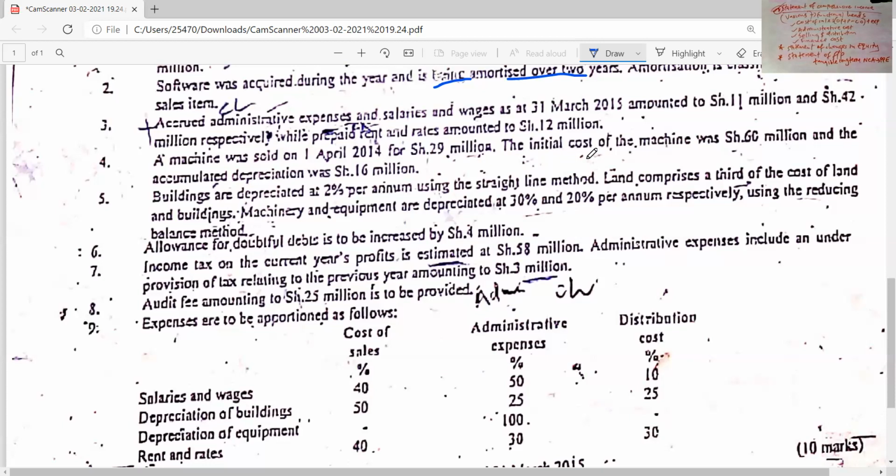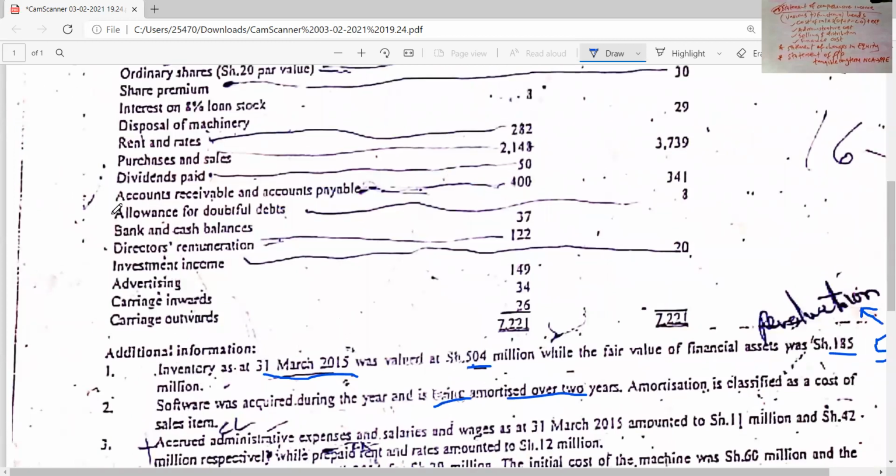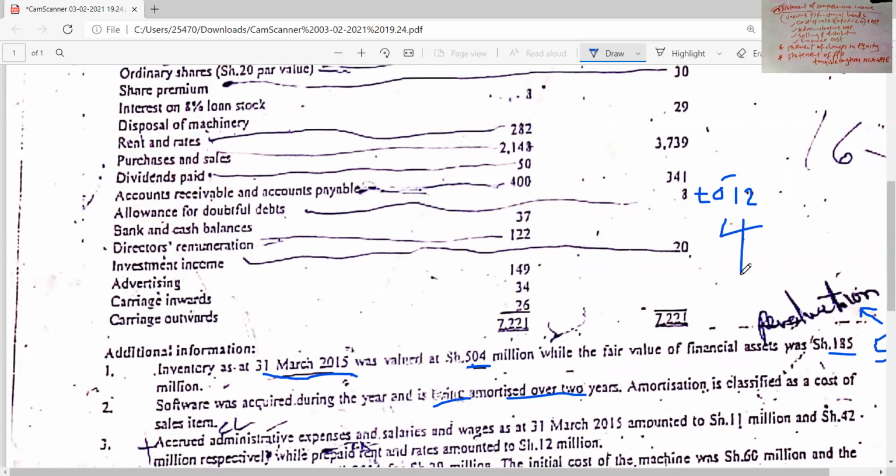Therefore, if they had said it's increased to, then if you check your trial balance, you have an allowance for doubtful debt. So if they had said it was increased to, let's say, 12, then we have a difference of 4, it was increased by 4.